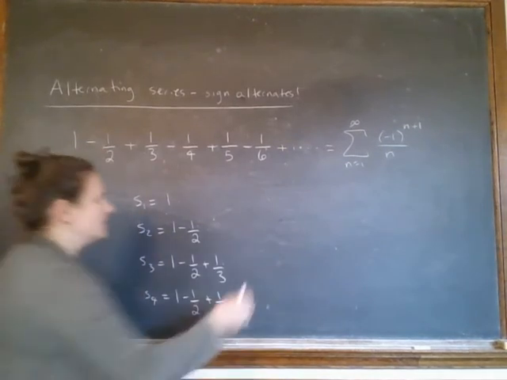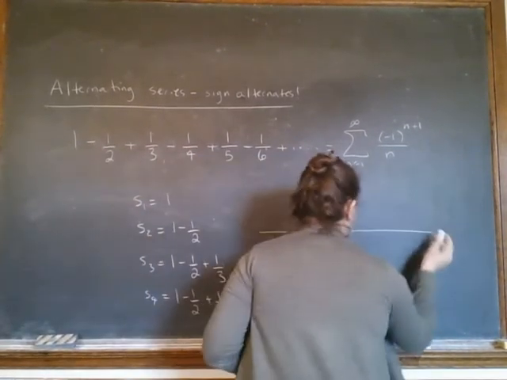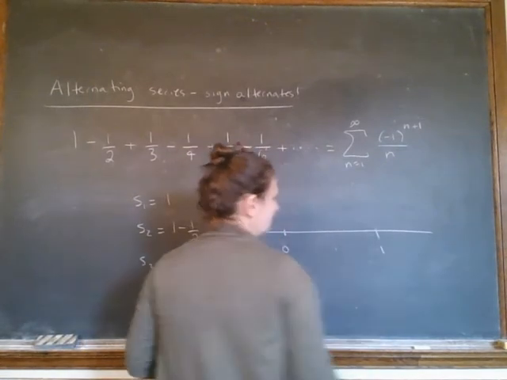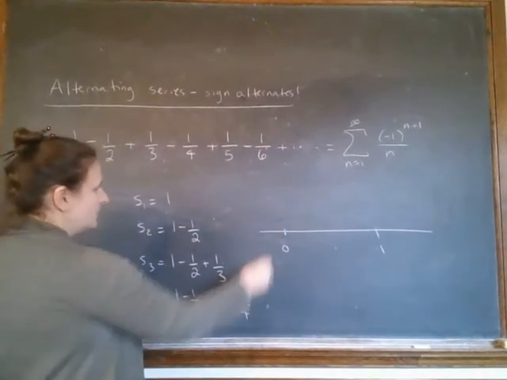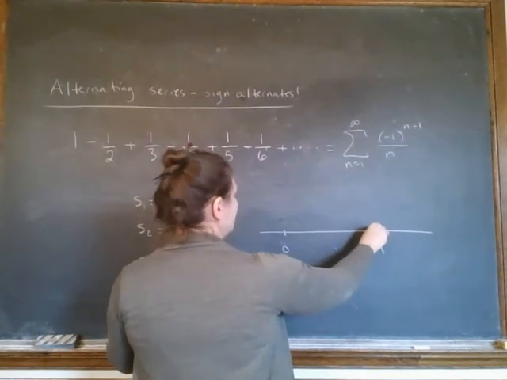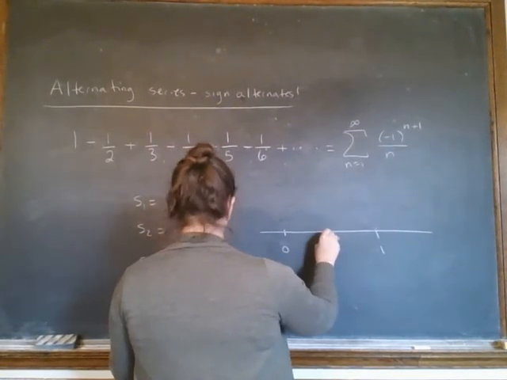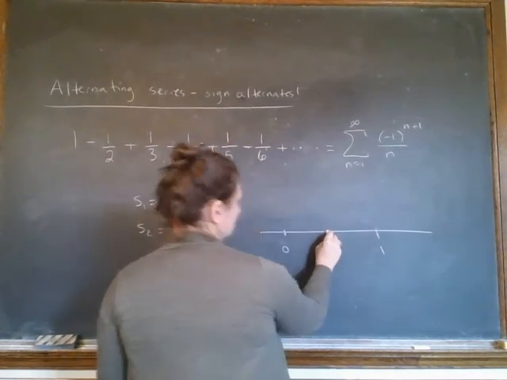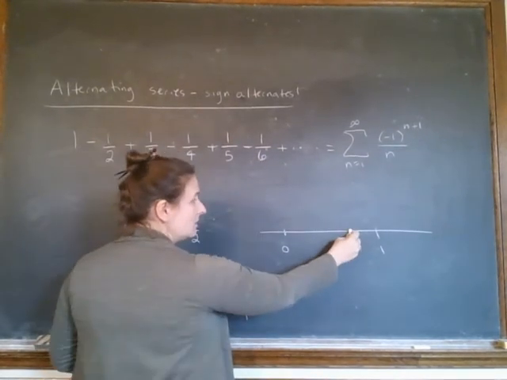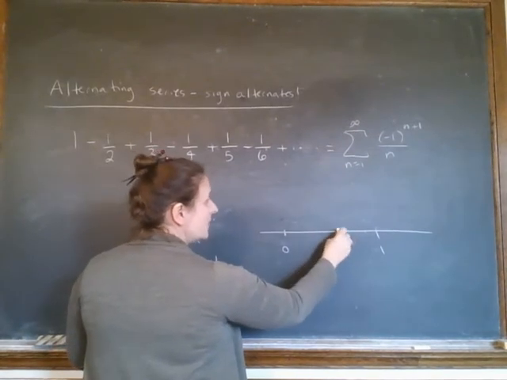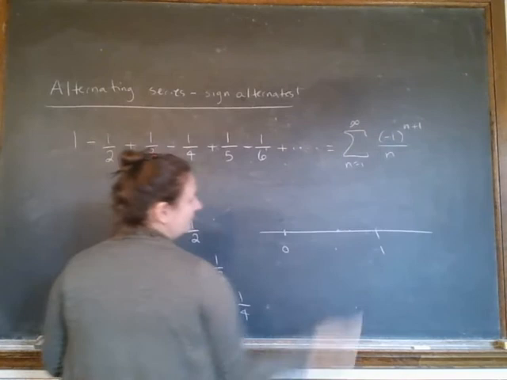So if I look at a number line, here's 0 and 1. Starting from here, here's S1. S2, I've taken away a half, so I'm back here. I added something, so for S3, I'm over here. And now I'm subtracting something, so I'm over here. So I keep going back and forth and back and forth.